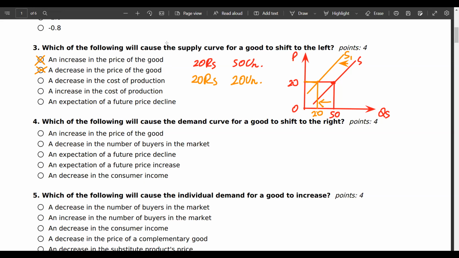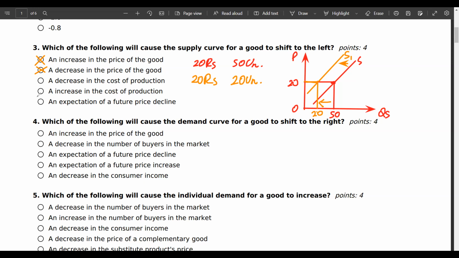So we look at the third one, a decrease in cost of production. A decrease in cost of production would have meant the producer would earn a little more profit. Then they would have increased the supply, not decreased it. So the third answer is also out. The fourth answer is an increase in the cost of production.